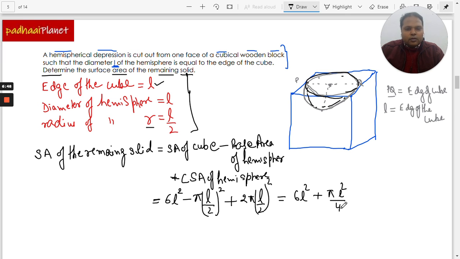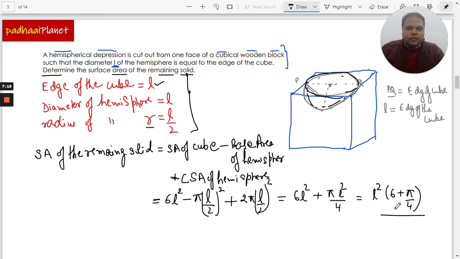Now we can simply take L squared as common, and what we get here is L squared times 6 plus pi over 4. That's the surface area of the remaining solid.